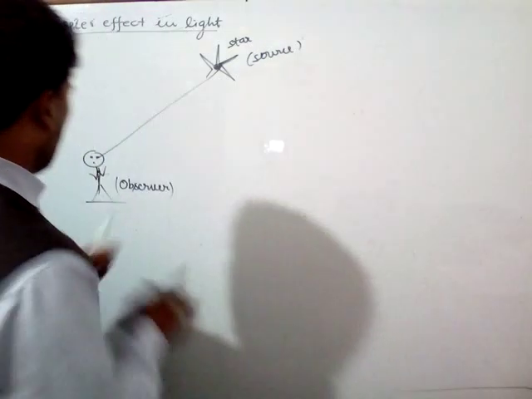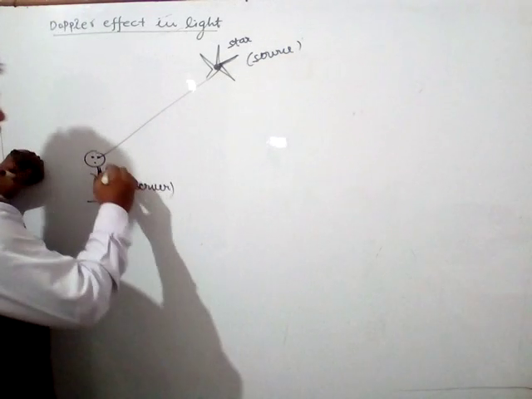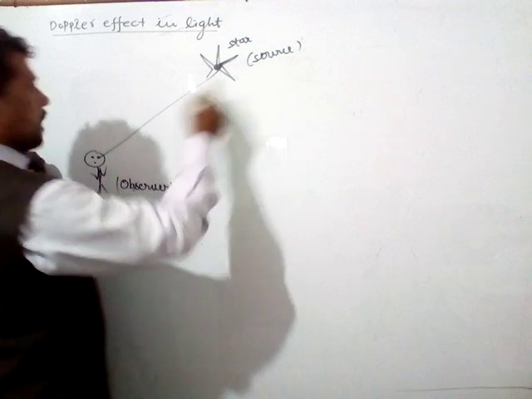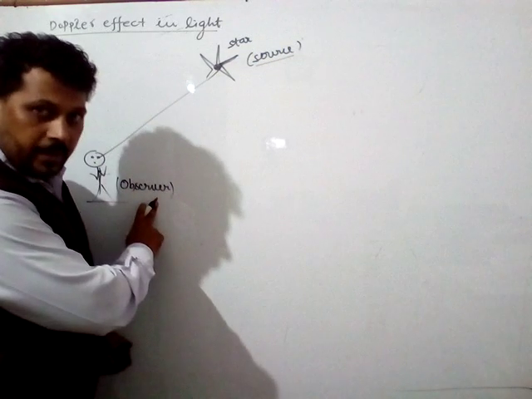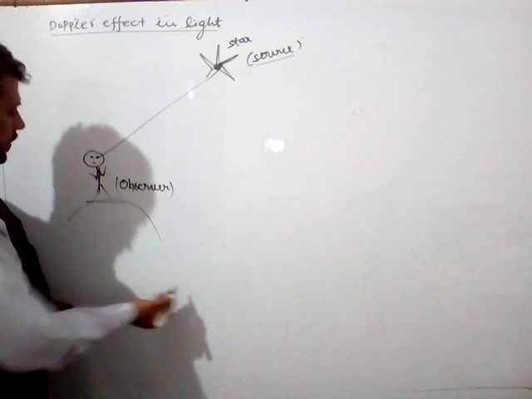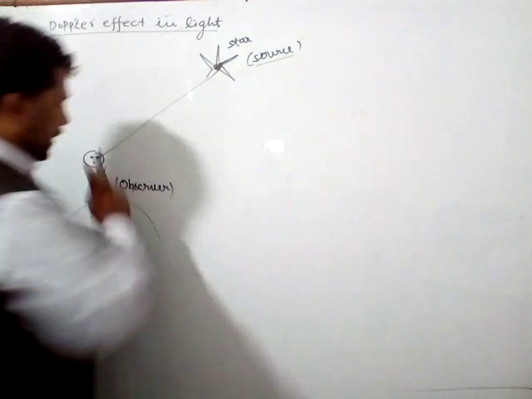So how is it possible? Let me consider here this star, which works as a source, and this person or man standing on the earth, and the source is seen by this person.